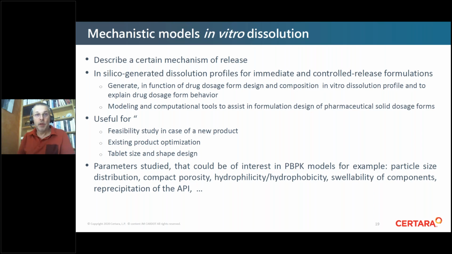That is nice, but that is not always the case. First of all, that means you do not always know what is going to be the real mechanism. And the second thing, which is quite important, is that you can have more than one mechanism for the same formulation over time. You can start by a diffusion and you can finish by an erosion. That means in this case, a simple Higuchi model cannot work for all the phases.